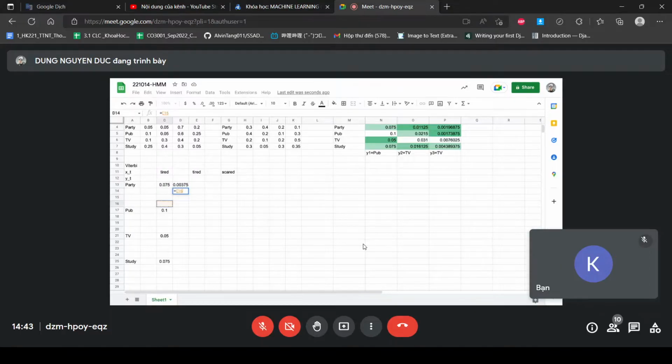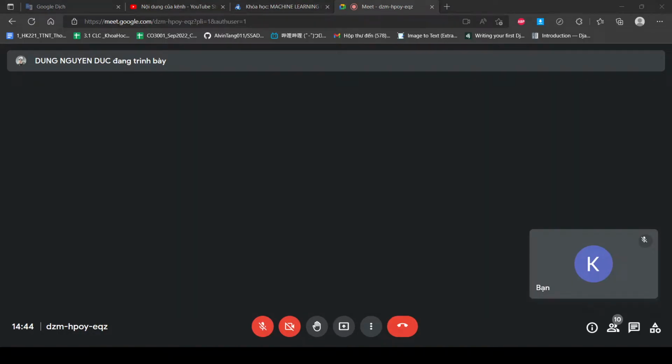So I can skip that one. Let me have here multiplied with the transition from pop to party, which is B5, if I recall it correctly.